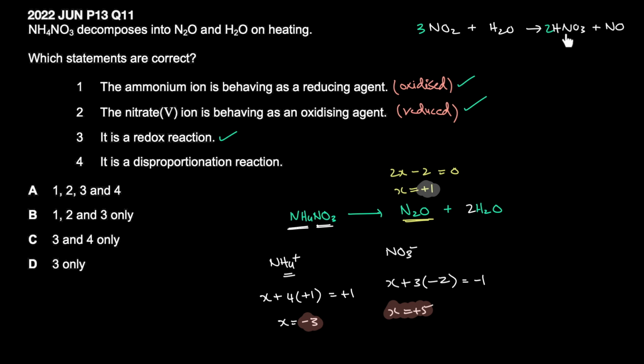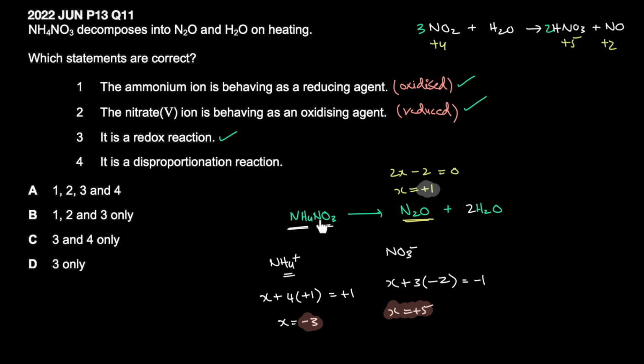In nitric acid, the nitrogen has an oxidation number of plus 5. And some of the nitrogen atoms are going from plus 4 to plus 2. This is a disproportionation reaction because you're starting with a single species that has a single oxidation number for this nitrogen, and some of the nitrogen atoms are being oxidized to plus 5 and some of them are being reduced to plus 2.